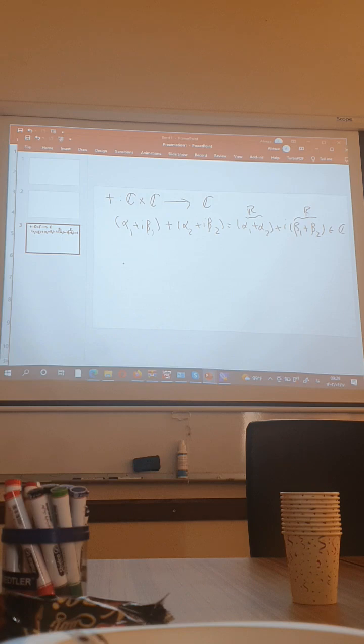And what is scalar multiplication? You can write this C times C to C. Alpha 1 plus I beta 1 multiplied by alpha 2 plus I beta 2 equal to alpha 1 alpha 2 minus beta 1 beta 2 plus I times alpha 1 beta 2 plus alpha 2 beta 1.